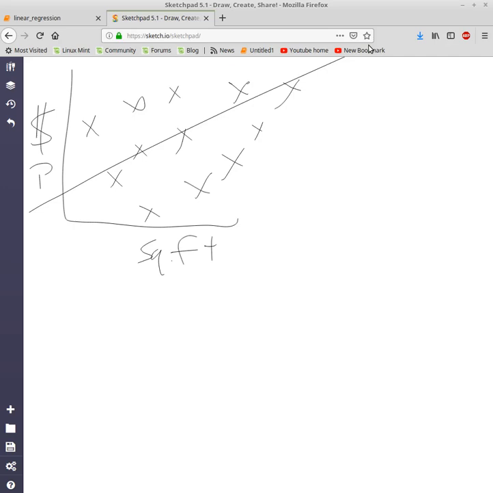We can plot a line through these points like the one that I just did. And for example, we could hypothetically write y equals 200x plus 100,000.